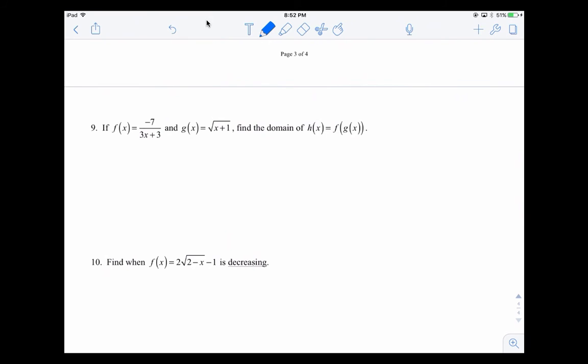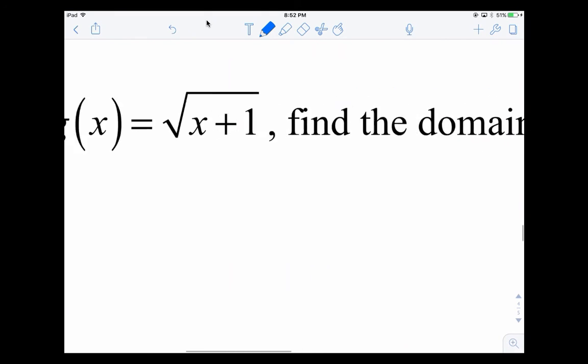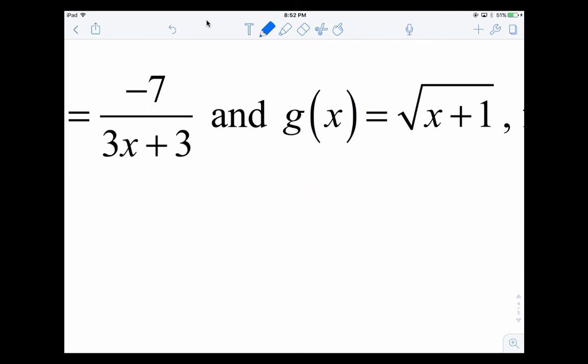So it says f of x is -7 over 3x plus 3, and g of x is the square root of x plus 1. Find the domain of h of x if h is a composition of those two. Okay, so wherever I see an x term in the f function, I'm going to replace it with g of x. Okay? So g of x is the square root of x plus 1.